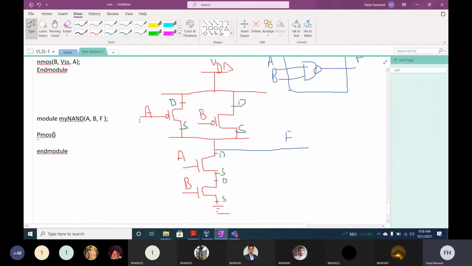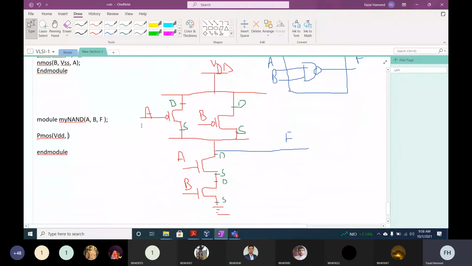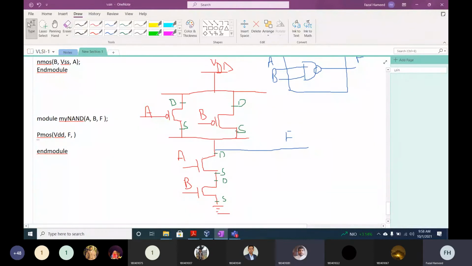What is the drain? VDD, sir. Then source: F. First drain, then source. What is source? Source is F. And A. So this is your transistor G1.